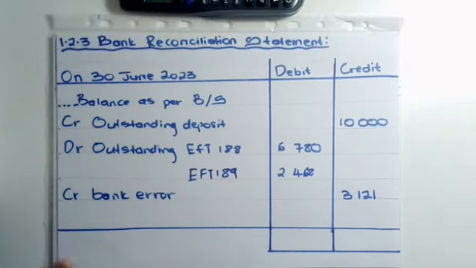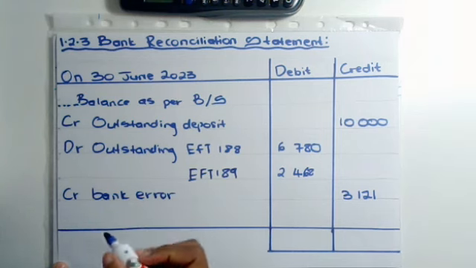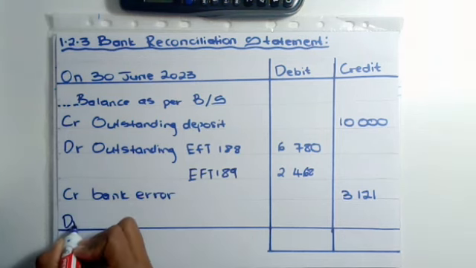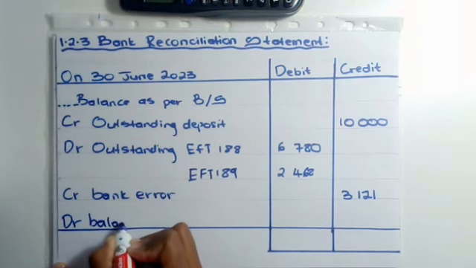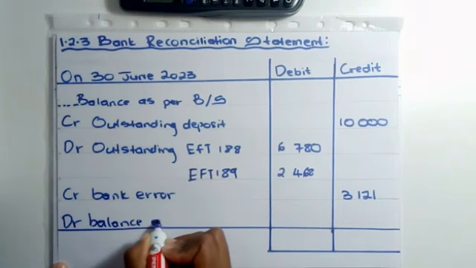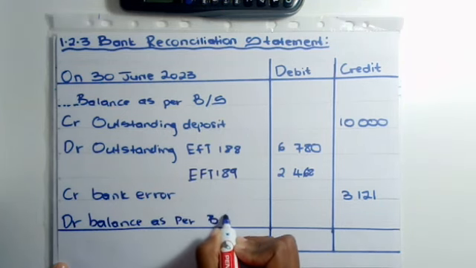And then the last line item is our balance as per bank account. We know that our balance as per bank account, as we calculated it in 1.2.2, was a debit balance. So we are going to say debit balance as per bank account.